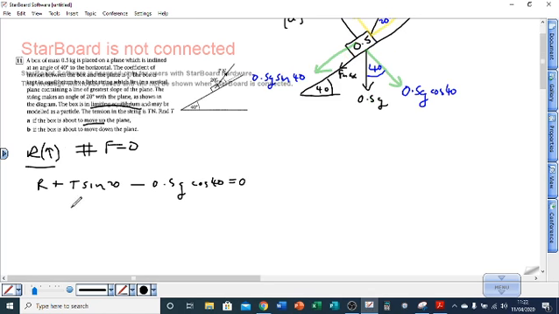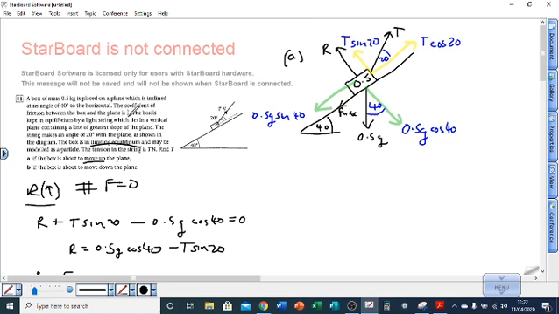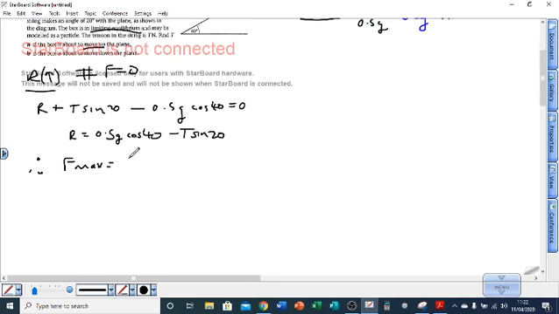So rearranging this, R is therefore equal to 0.5 g cos 40 minus T sin 20. And then from that, because we're in limiting equilibrium, F max is equal to the coefficient of friction, a fifth, times R.